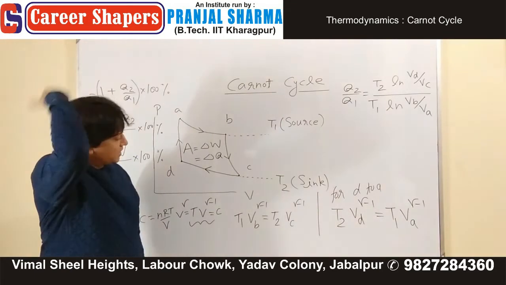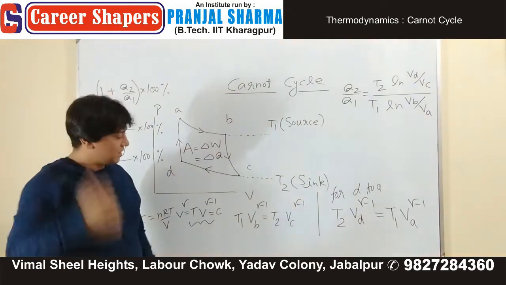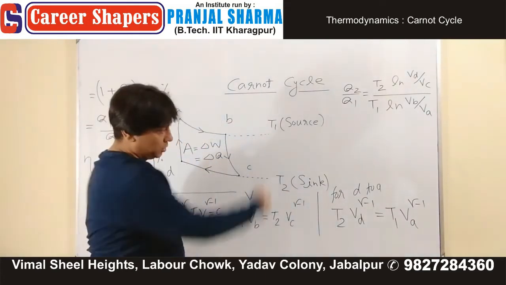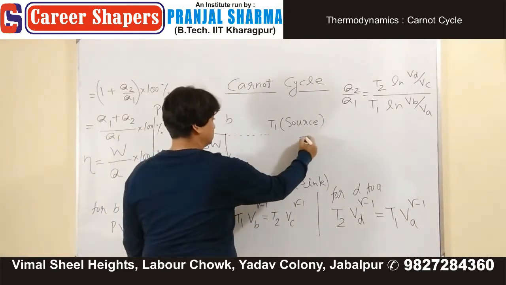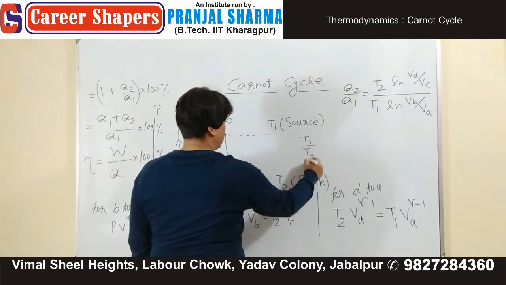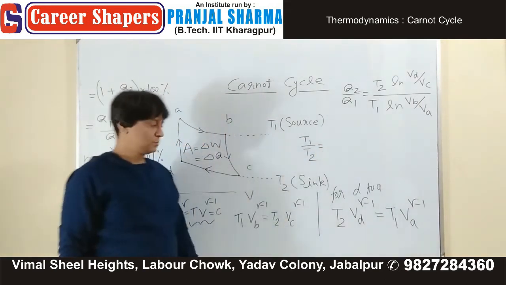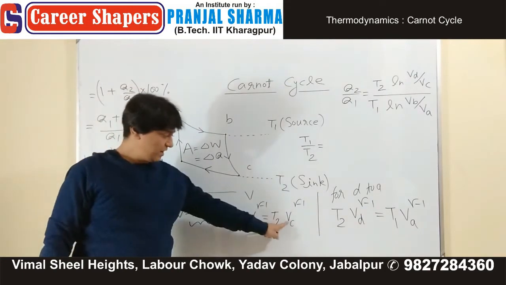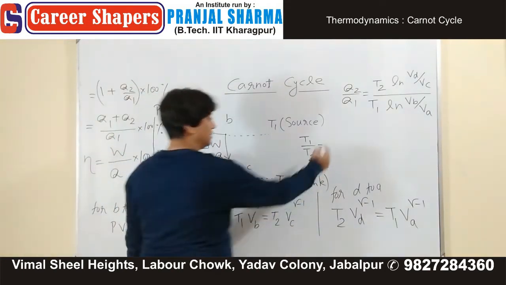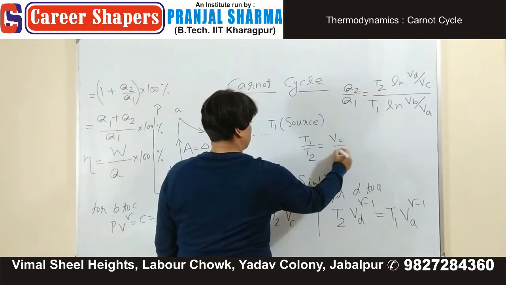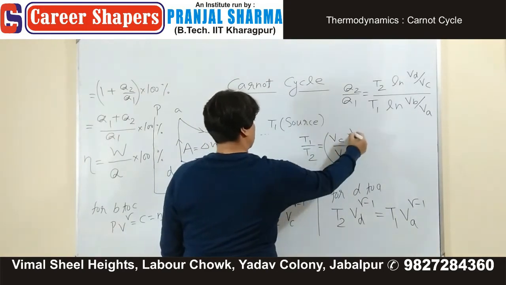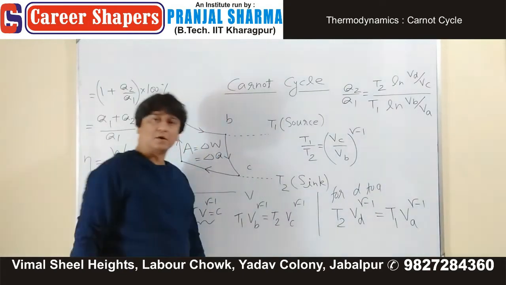Why did we do all this? Now let's go to that. From this and this, you get something like this. T1 upon T2 is VC upon VB to the power gamma minus 1.